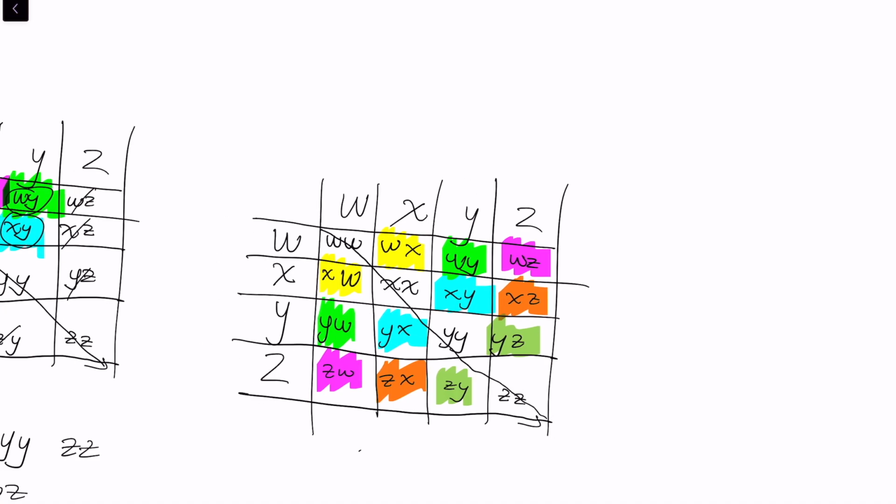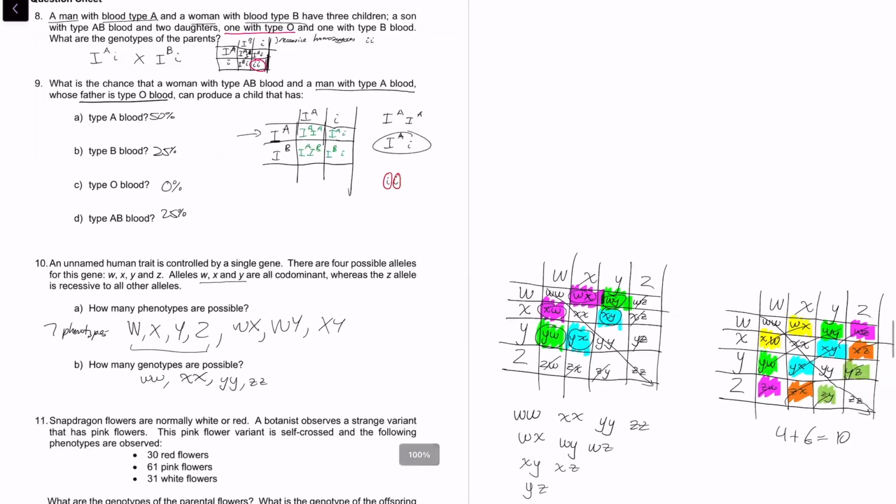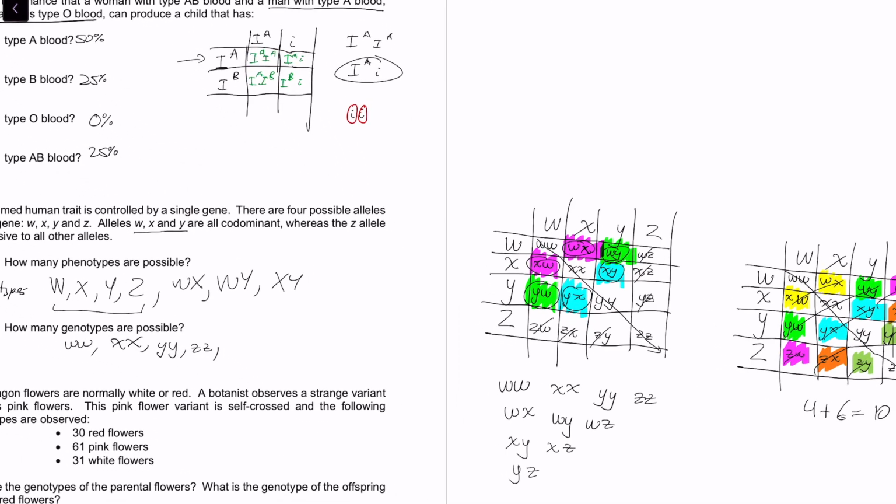And so if we have 4 plus different colors, we have one yellow, green, blue, purple, and so on. So we have 1, 2, 3, 4, 5, 6. So we have 4 plus 6 equals 10 genotypes that are possible, okay? And if we want, we can be specific and write those down.